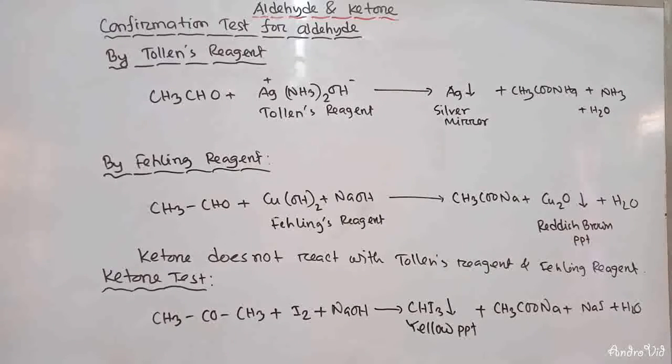If this is aldehyde, then it will react with Tollens' reagent and Fehling's reagent. It will give the Tollens' reagent test and Fehling's reagent test. If it gives this test, then it will be aldehyde, I will be sure of that, and if it is not, then it will be ketone. Again, I can also identify the ketone by using this reaction.